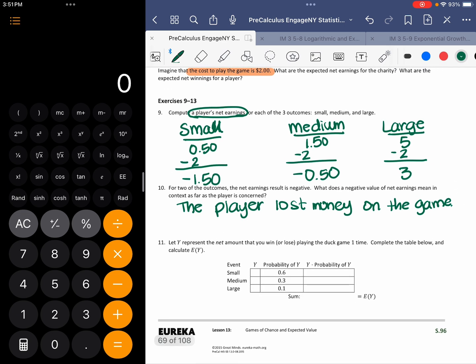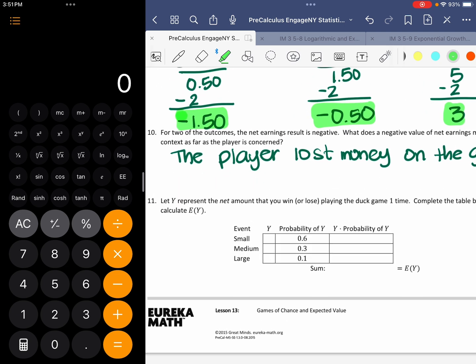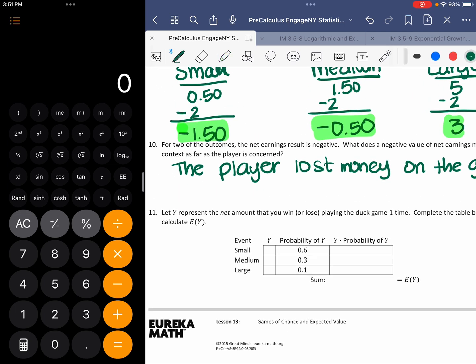So with these three values, and I'm going to go ahead and highlight them, with small being negative $1.50, with medium being negative 50 cents, and with large being positive $3, let's fill in this table down here with y being the net amount that we win or lose.